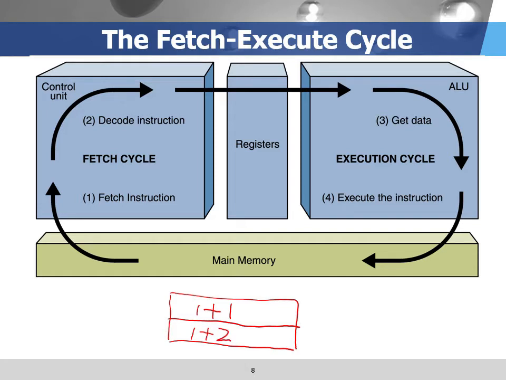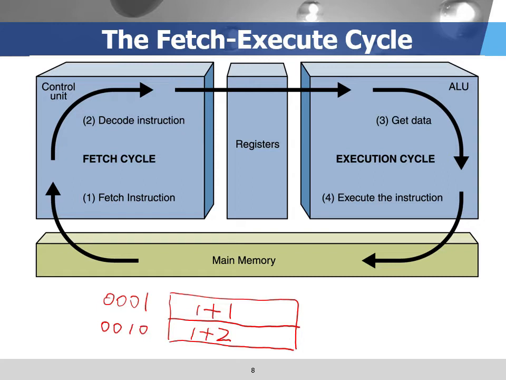There are 2 physical addresses for these 2 cells. Let's say the first address is 0001, and the address for the second cell is 0010. Now let's try to run this program.